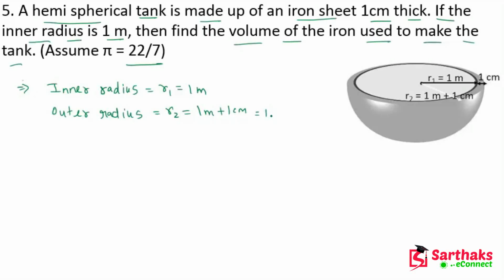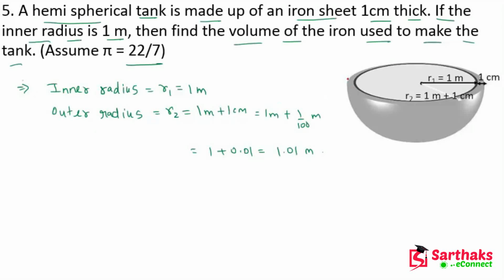So here it is 1 meter plus 1 upon 100 meter. So this will become 1 plus 0.01, which is equal to 1.01 meter. So this is the outer radius.